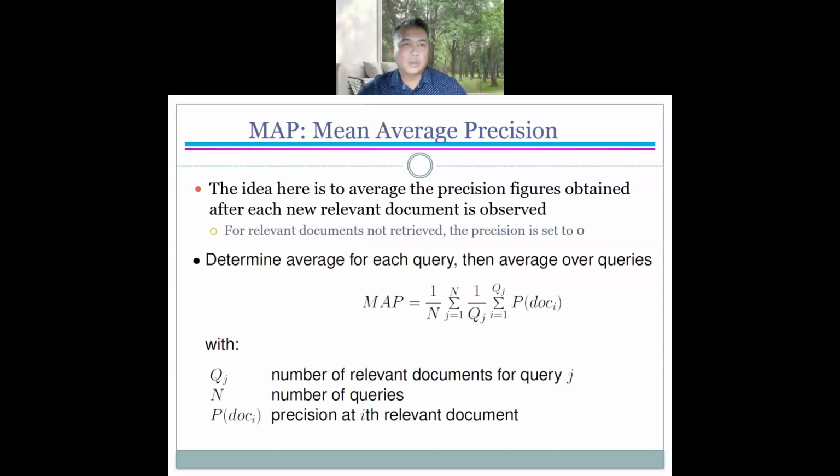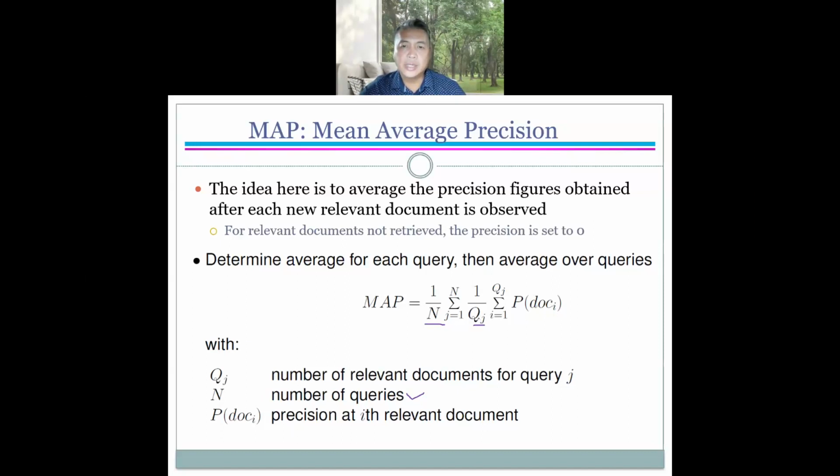Okay, like I mentioned just now, how do we measure the area under the curve? We will look at what we call the mean average precision. We look at n, where n is the number of queries that you have. For example, just now we had two queries. Depending on the number of queries, we also look at the number of relevant documents for that particular query.